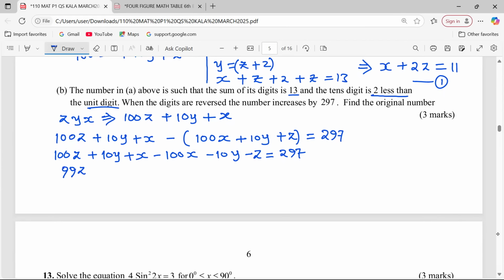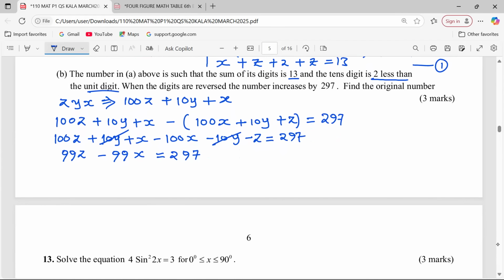Then 10Y minus 10Y means Y cancels out. Then X minus 100X means negative 99X, equals 297. This is the second equation.